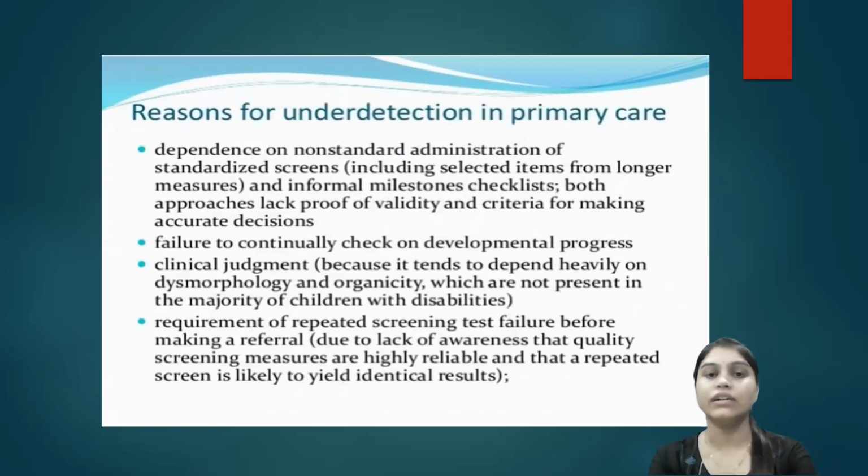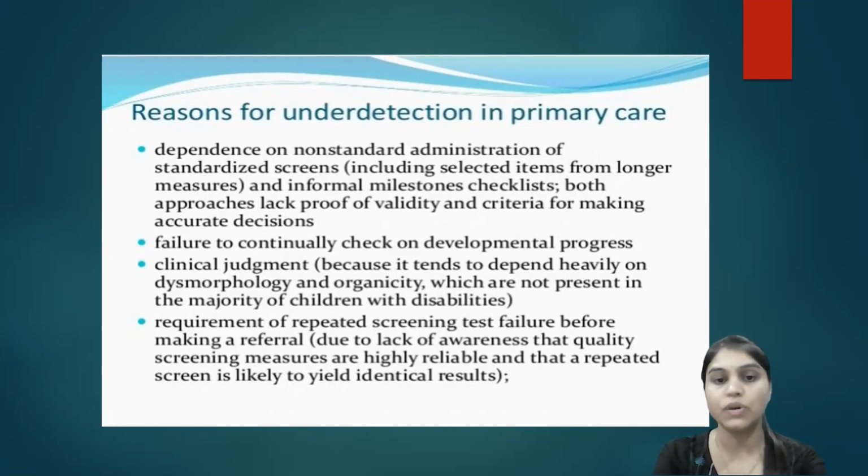Reasons for under-detection in primary care: dependence on non-standard administration of standardized screens, including selective items from longer measures and informal milestones checklists, both approaches lacking proof of validity and criteria for making accurate decisions. Failure to continually check on developmental progress.